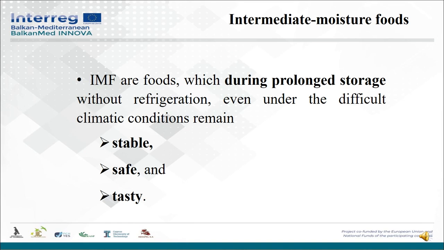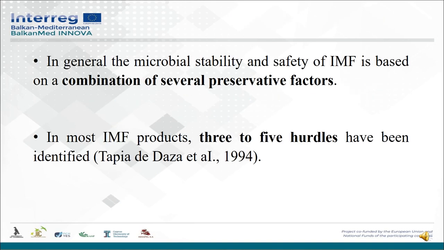Intermediate moisture foods are foods which, during prolonged storage without refrigeration, even under difficult climatic conditions, remain stable, safe, and tasty. In most intermediate moisture food products, 3 to 5 hurdles have been identified.